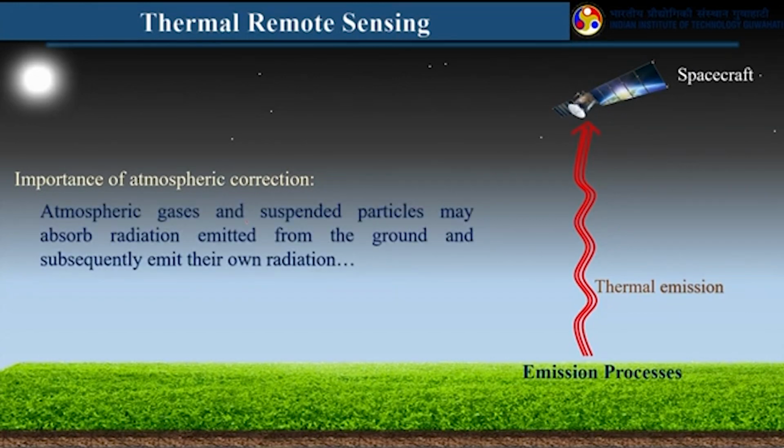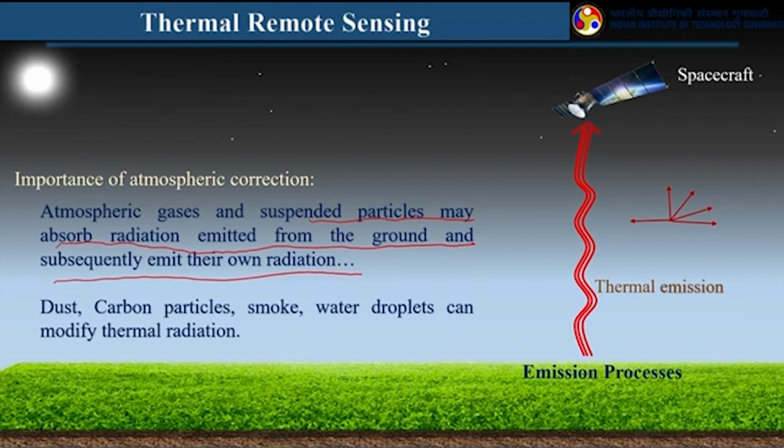The atmospheric gases and suspended particles may absorb radiation emitted from the ground and subsequently emit their own radiation. This is very much possible. Then the next point is that dust, carbon particles, smoke, and water droplets can modify thermal radiation. Nowadays we have more pollution, so modification in the signal is very much possible here.